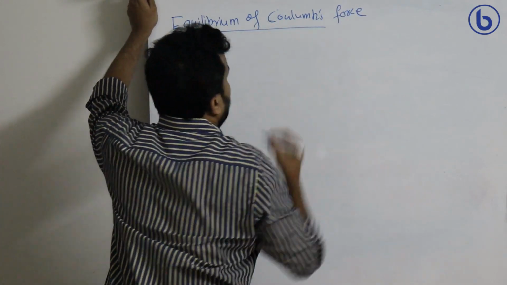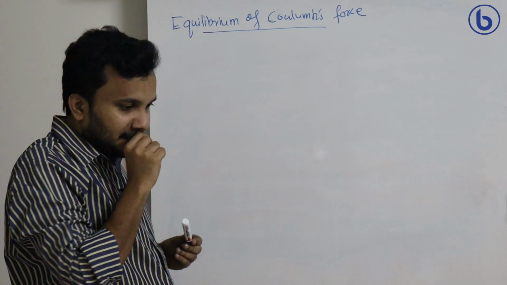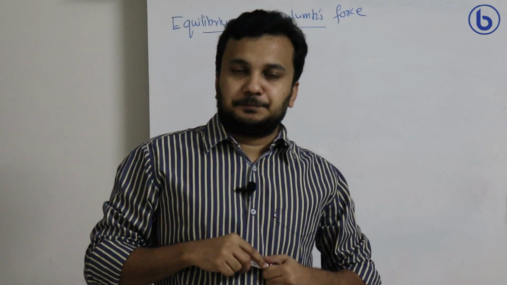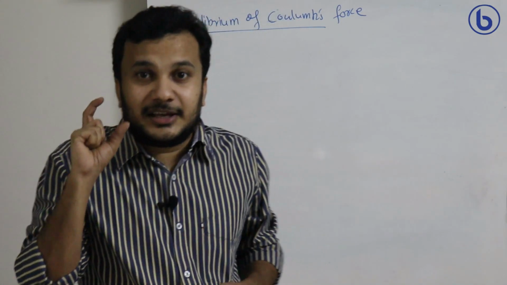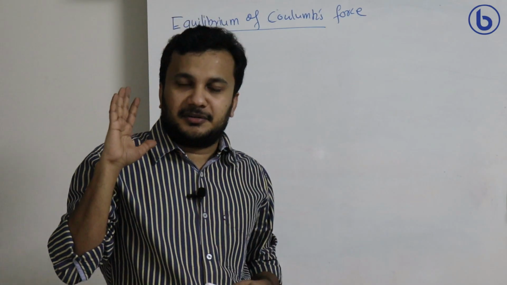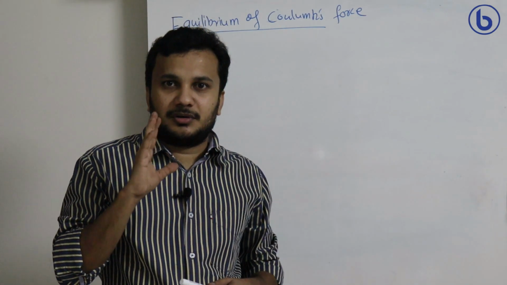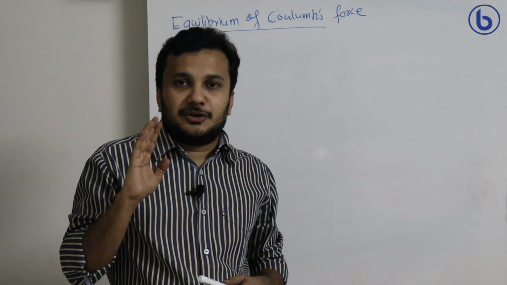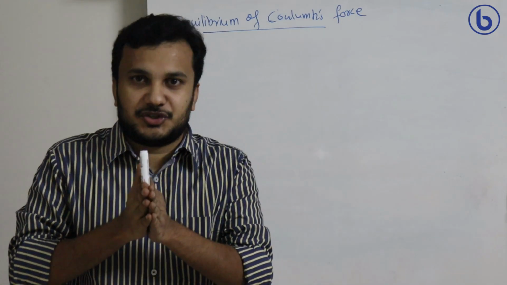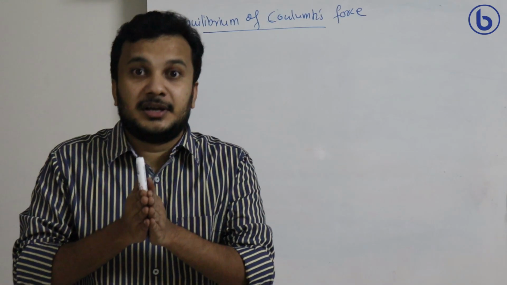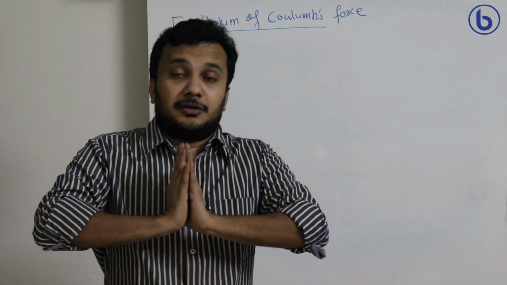What is called equilibrium? In physics, if you hear the word equilibrium anywhere, irrespective of the chapter, the meaning of equilibrium is that the body is in a stable position or in a rest position. It is not moving at all.